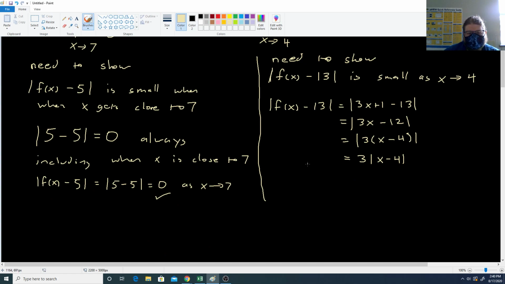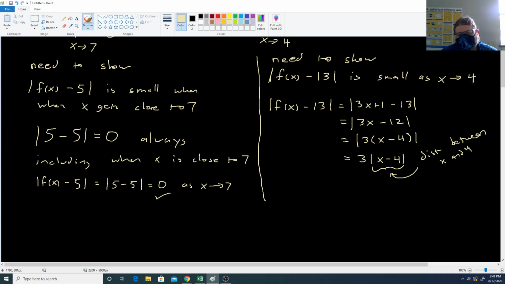So what we'll note here is, as x gets close to 4, this right here is the distance between x and 4. No one can read that, so let's just write it a little bit bigger. This right here is the distance between x and 4.